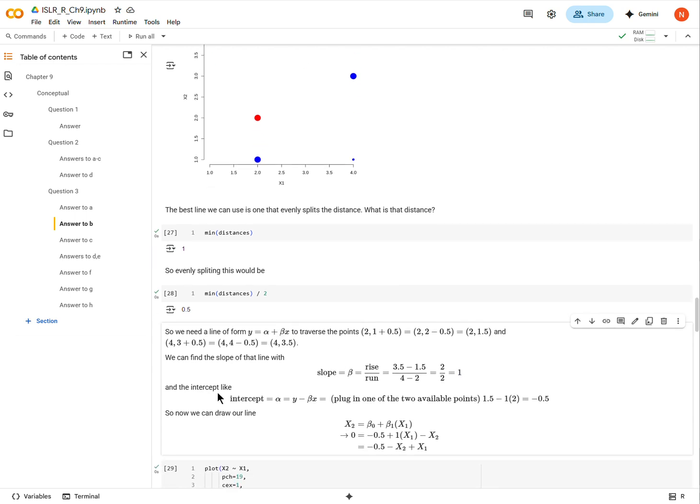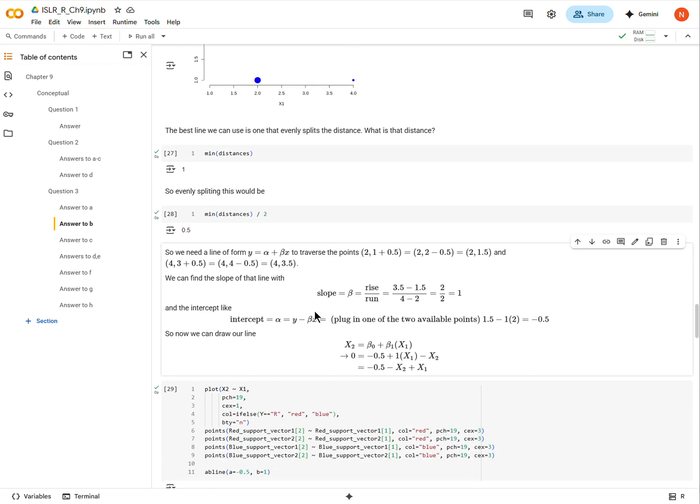Okay, and so how do we find that? Well, we just simply solve for the intercept from this equation right here, right? So we subtract alpha over, and then subtract y over, and so on. And then we plug in, we already know the slope, and then we plug in our values for the y and the x, which is actually the x1 and x2, okay?